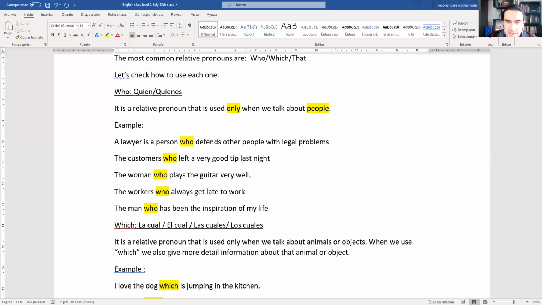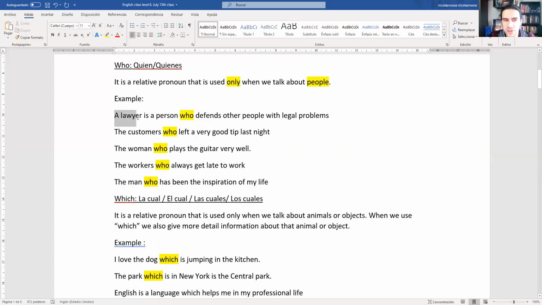Okay? Example: a lawyer is a person. A lawyer is a person who, my relative pronoun, defends other people with legal problems. Okay, so this adjective clause is describing this person.